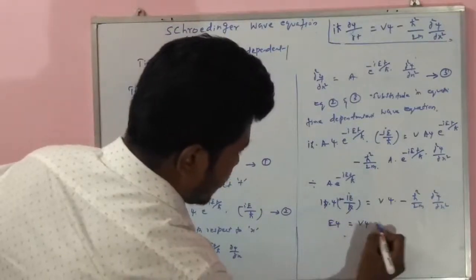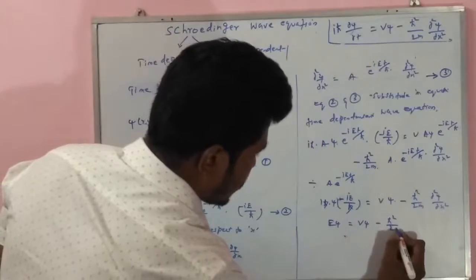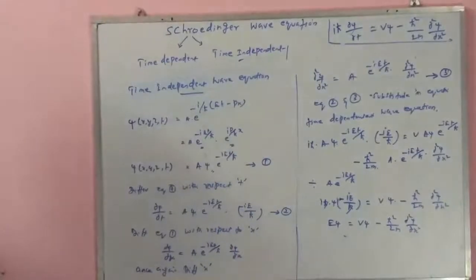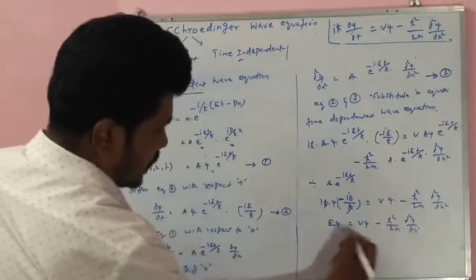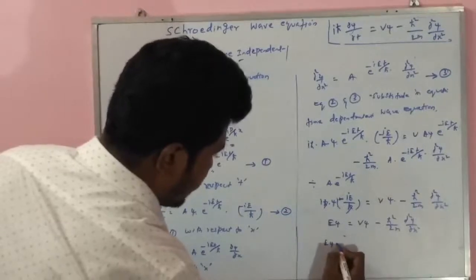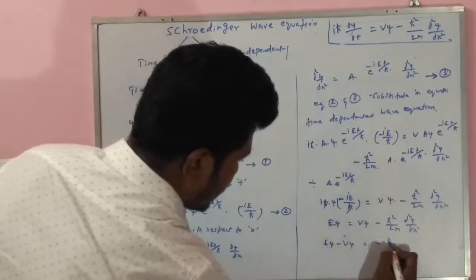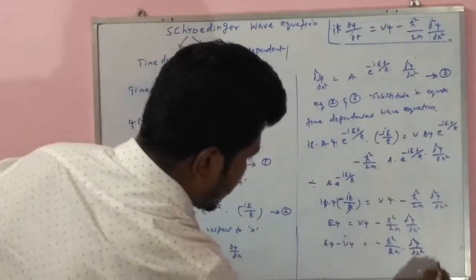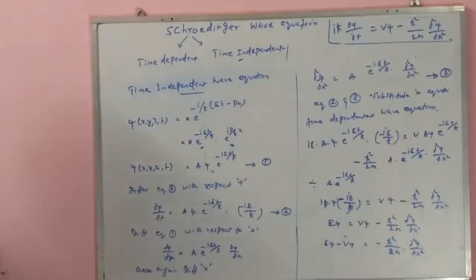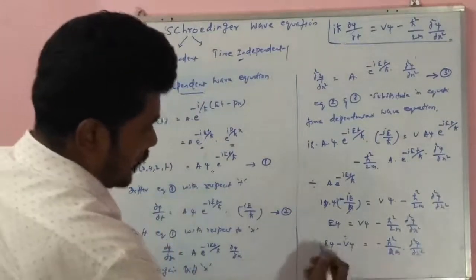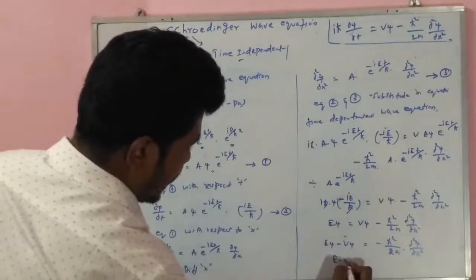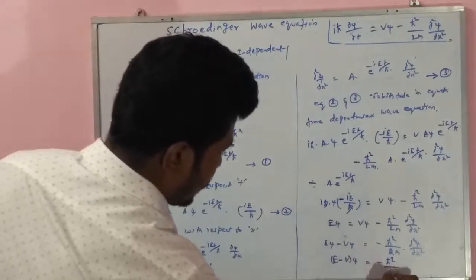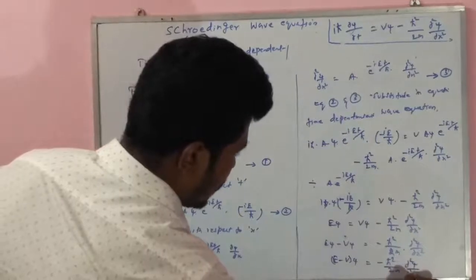So we have Eψ minus Vψ equal to minus ħ²/2m into ∂²ψ/∂x². So Eψ minus Vψ equal to minus ħ² divided by 2m into ∂²ψ/∂x².